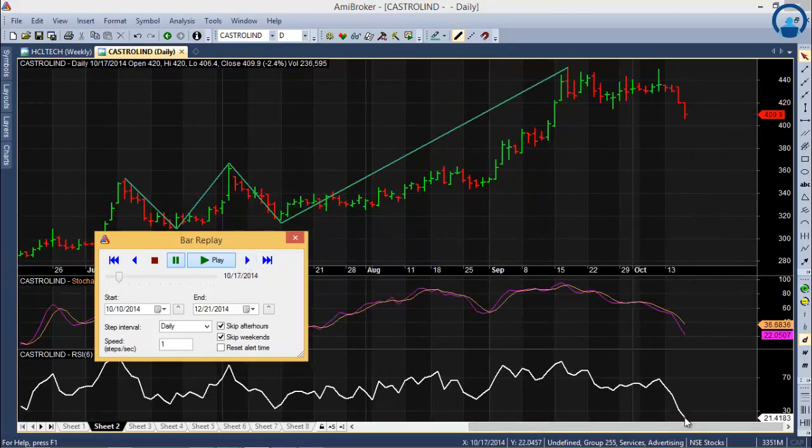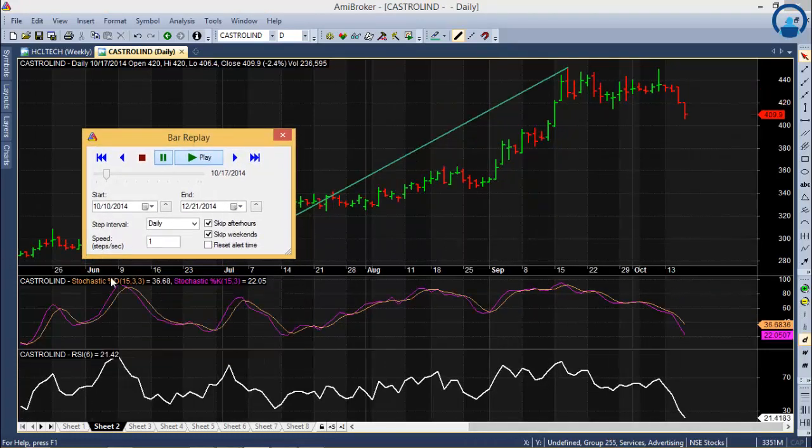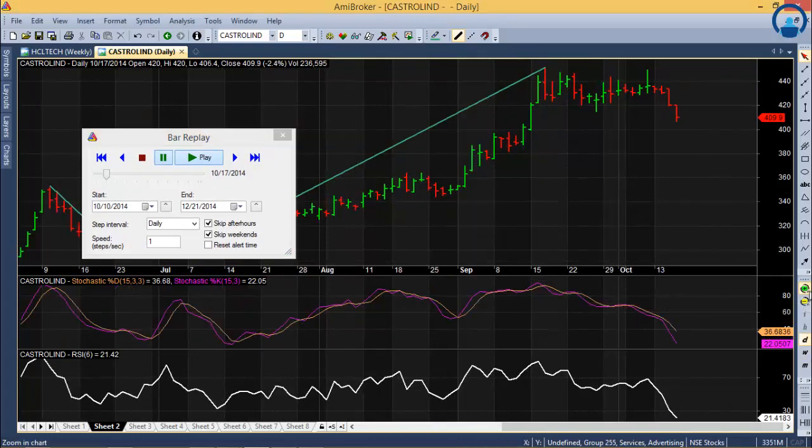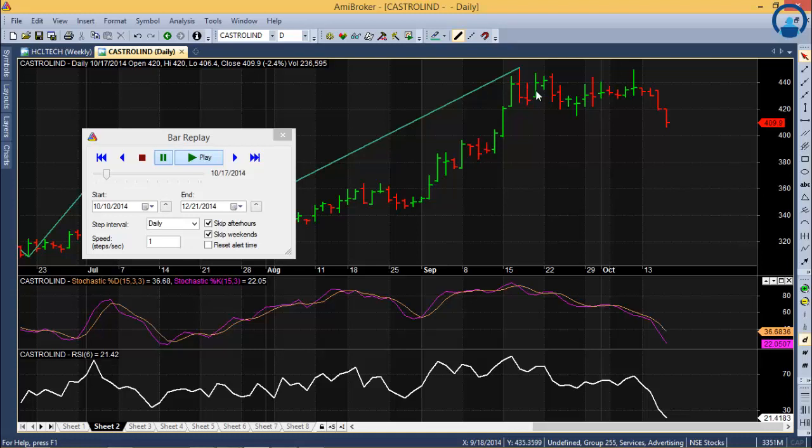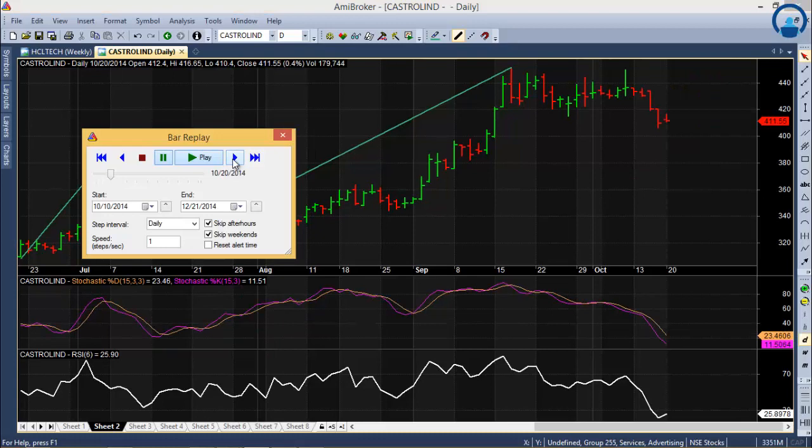As of the current bar, RSI has given a reading of 21.42, suggesting that this script is now in the oversold zone and can be bought into. The strategy remains the same. Buy into this stock once stochastic gives us a bullish crossover. We'll add some bars.